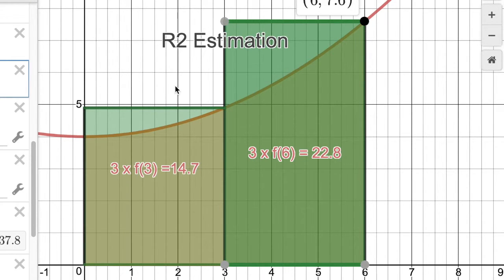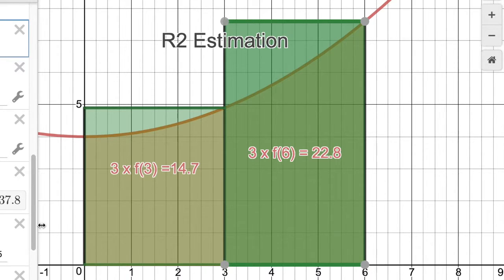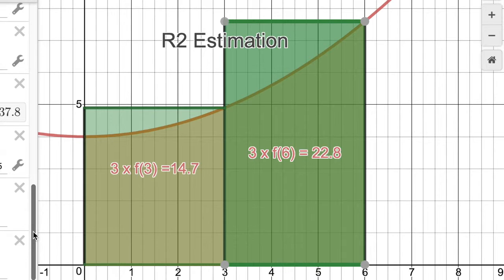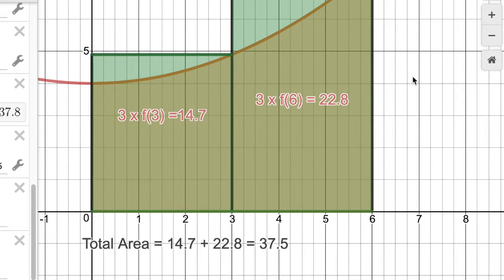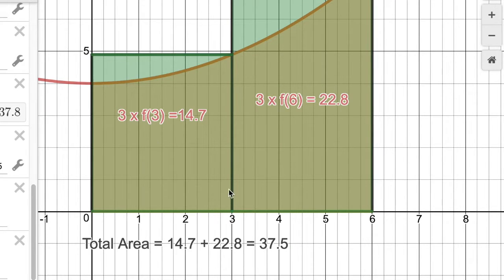So that would be 7.6. And so when we do 3 times 7.6, we get this, making our total area that we're estimating at 37.5 square units. Now, the actual area is somewhere between 26.7, which was definitely an under, and 37.5, which was definitely an upper. So that's not super accurate.